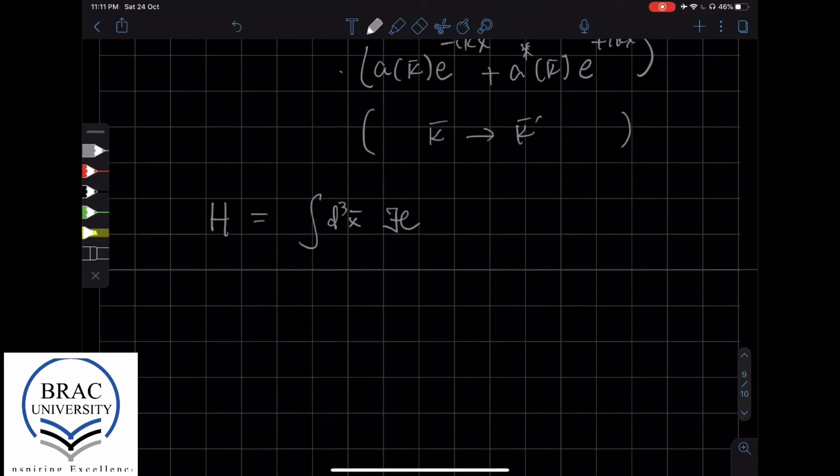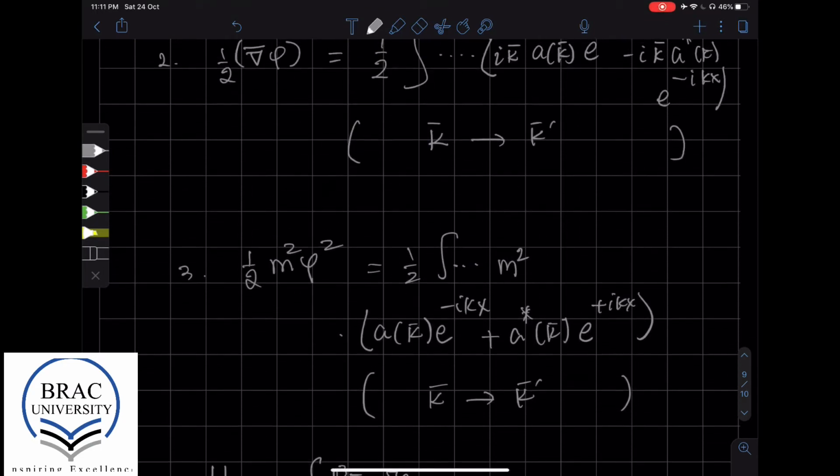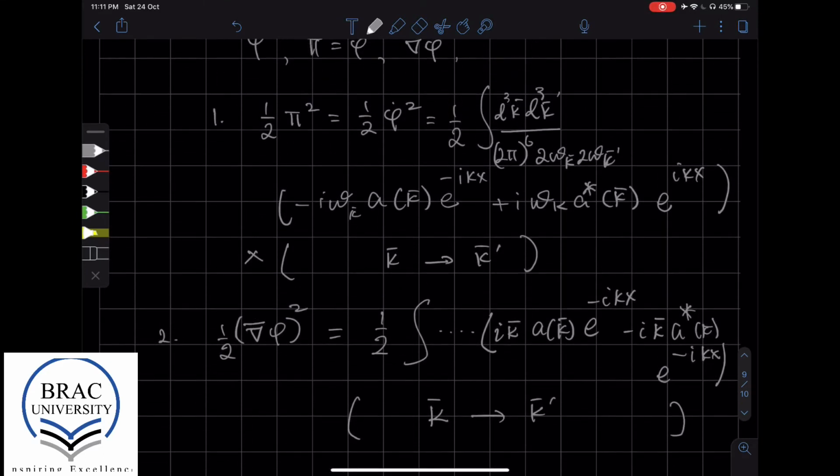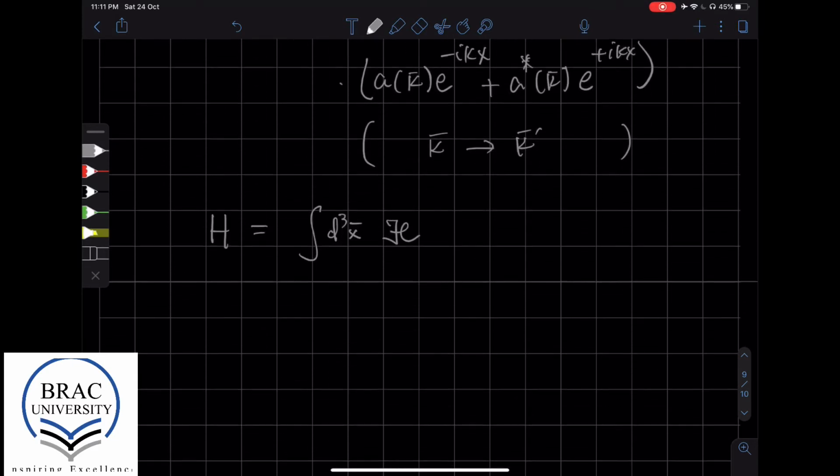Now, what we can see is that when you do the multiplication, every term is going to have expressions such as e to the power i (k minus k prime) x, or it's going to have terms such as e to the power i (k plus k prime) x. And there could be an overall factor plus or minus, but I don't care about that.